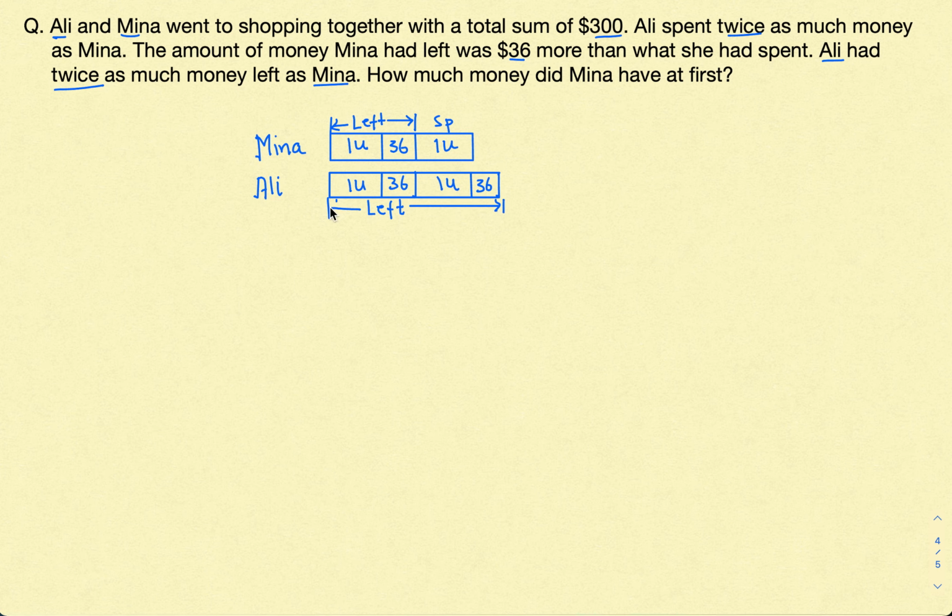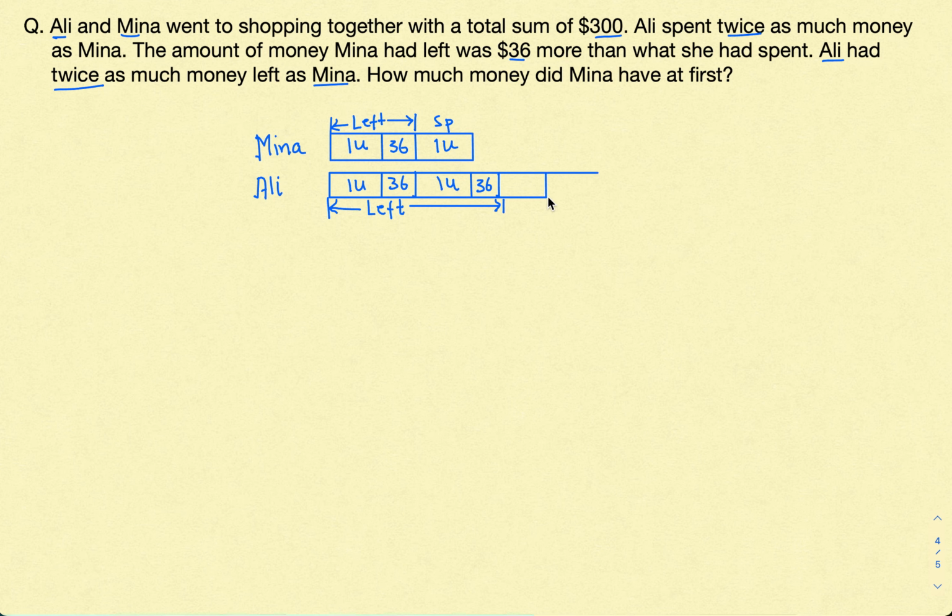Now, how much has Ali spent? Ali has spent twice as much money as Meena. Expenditure wise also he has spent twice as much as Meena, and we know Meena has spent 1 unit. That means Ali has spent 2 units. So we can draw it here quickly. Let's say this is my 1 unit and this is another unit.